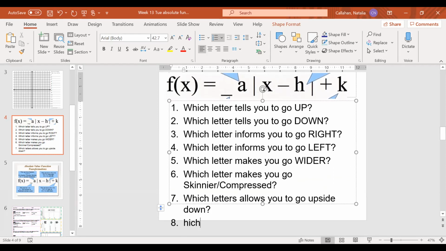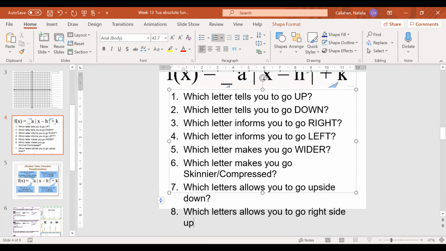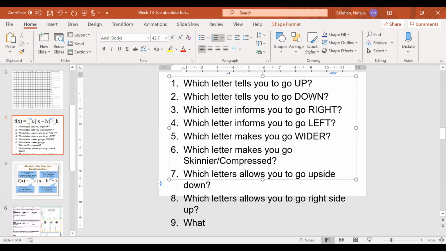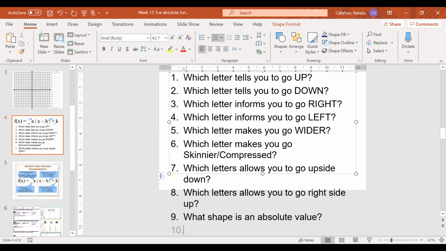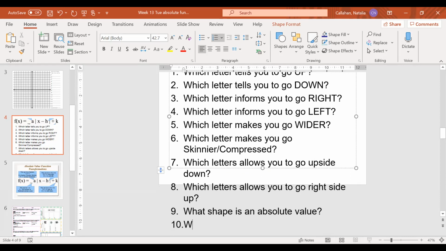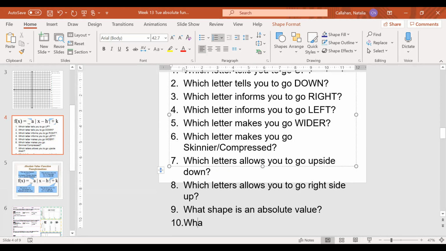And which letter allows you to go right side up? Question number 9. What shape is an absolute value? And what is the parent function of the absolute value?